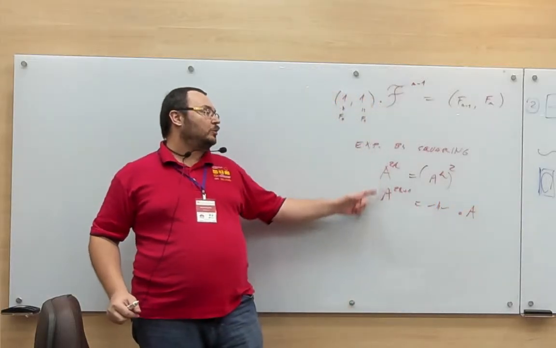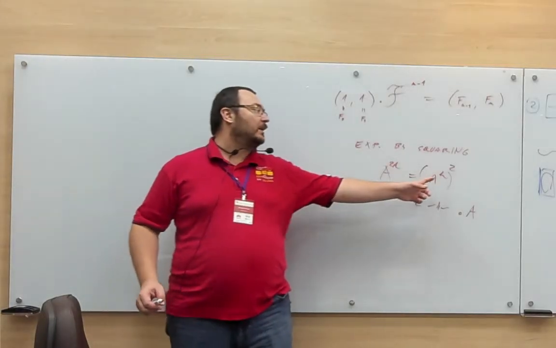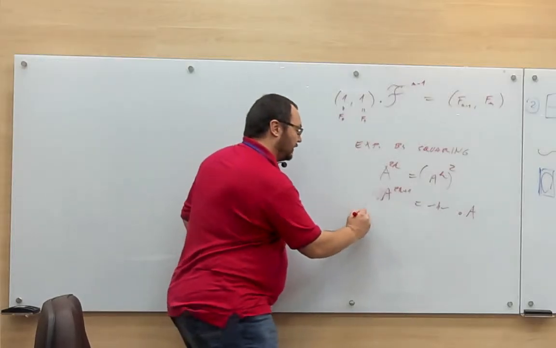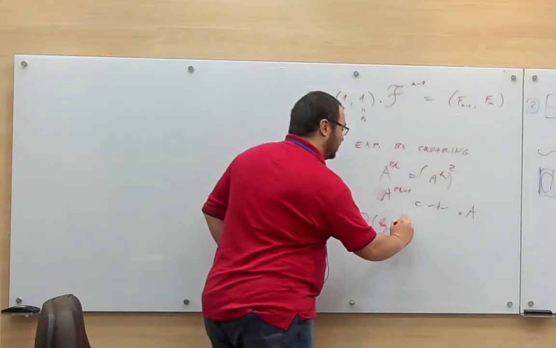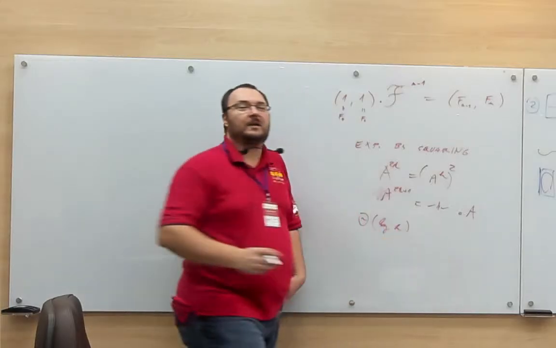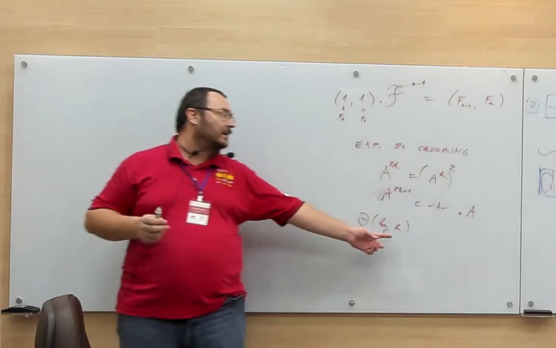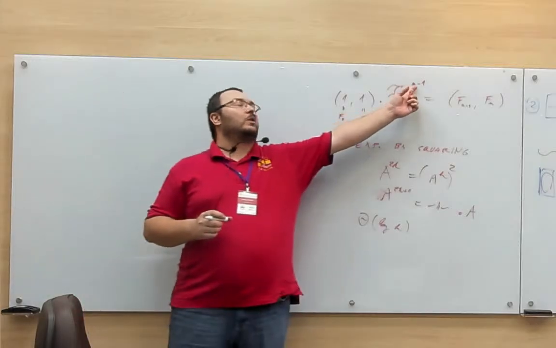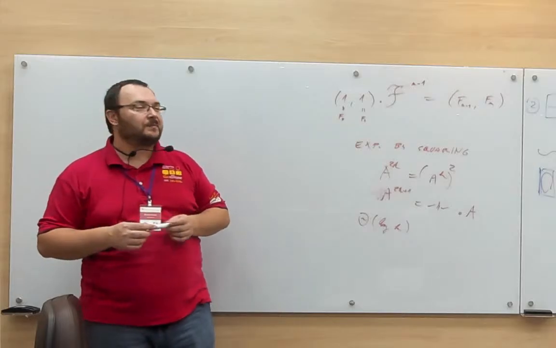So this was two additional matrix multiplications to reduce the exponent from 2k plus 1 to k. So we just need a logarithmic number of matrix multiplications in order to get the exponent to the value of k. So in this case, we would need logarithm of roughly n matrix multiplications.